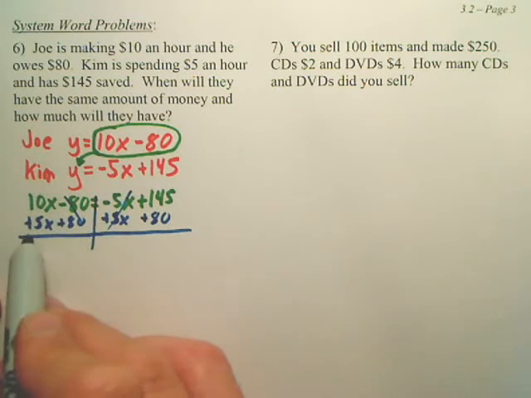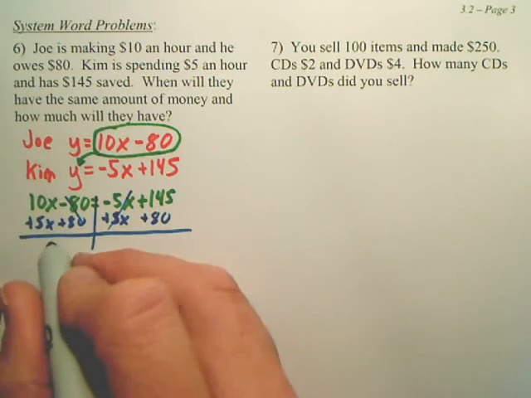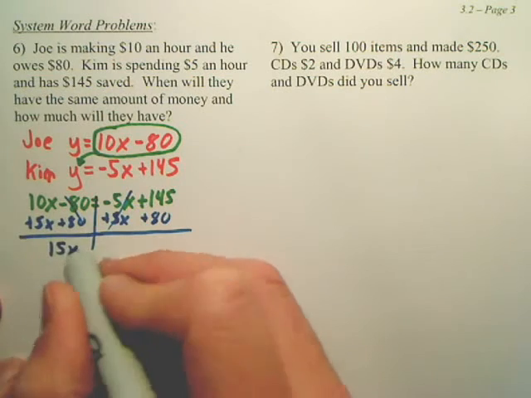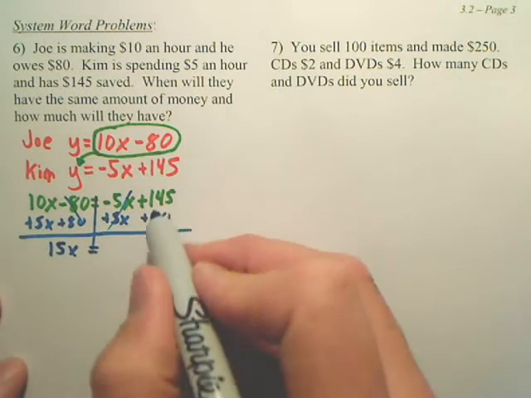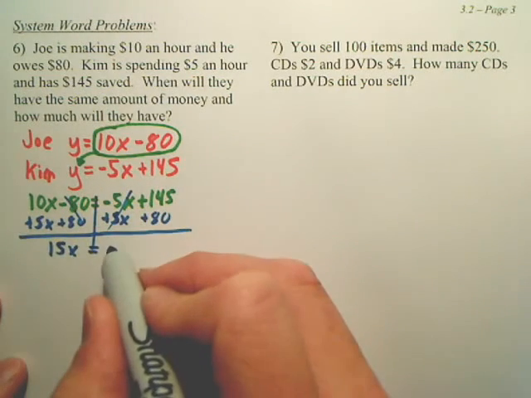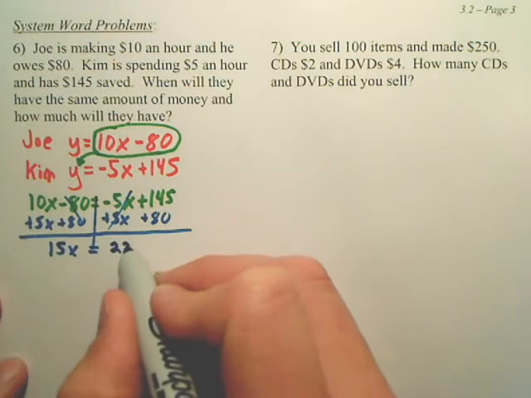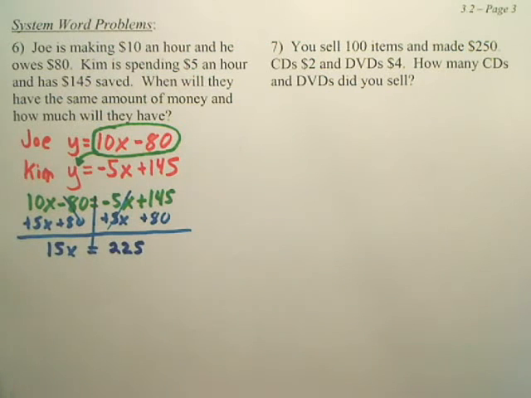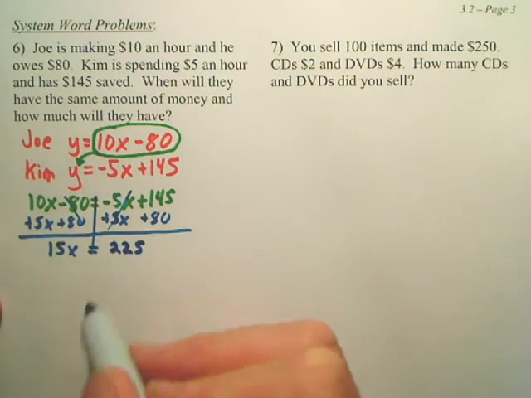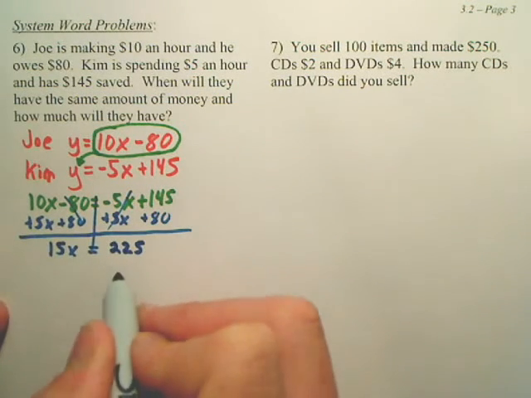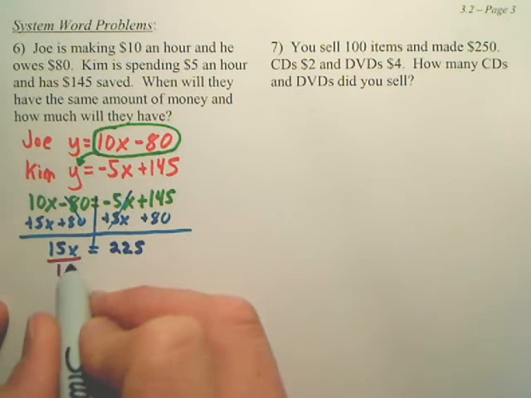I move the 5x over this way. I end up with 15x over here equals, it looks like that would be 225. So it looks like this is what I have so far. To get it finished, I have to divide by 15.